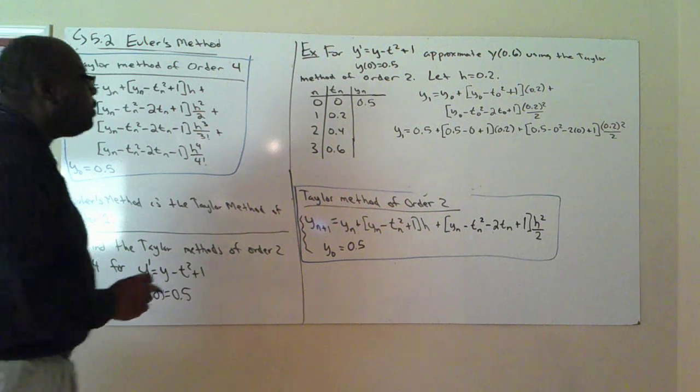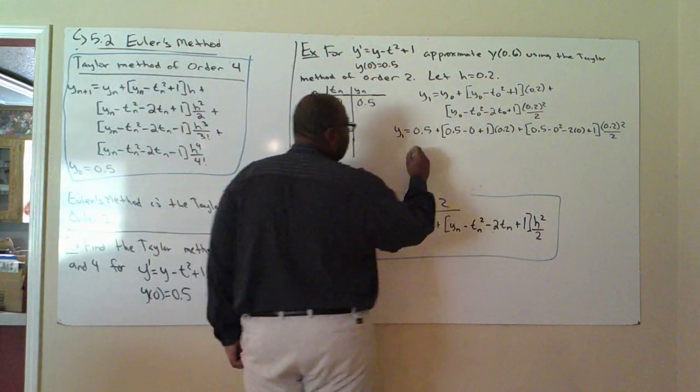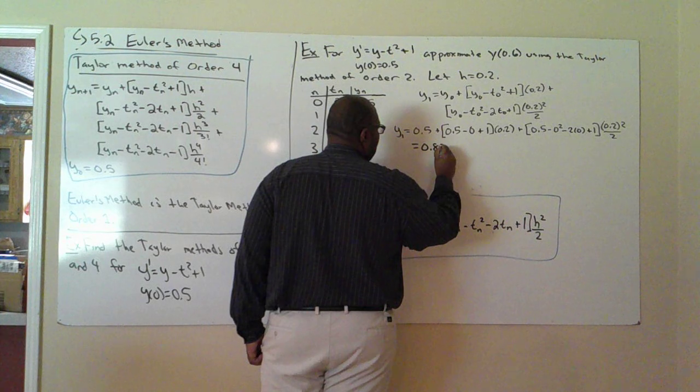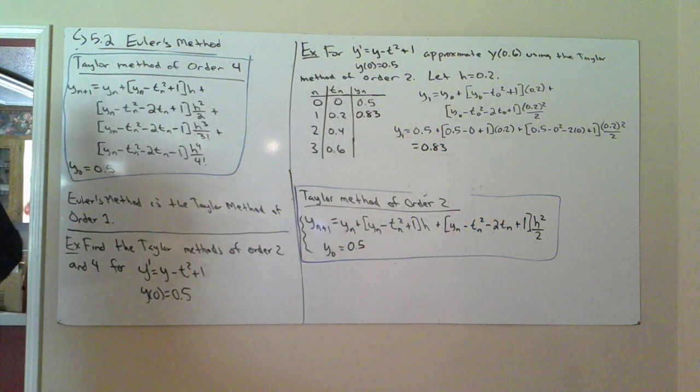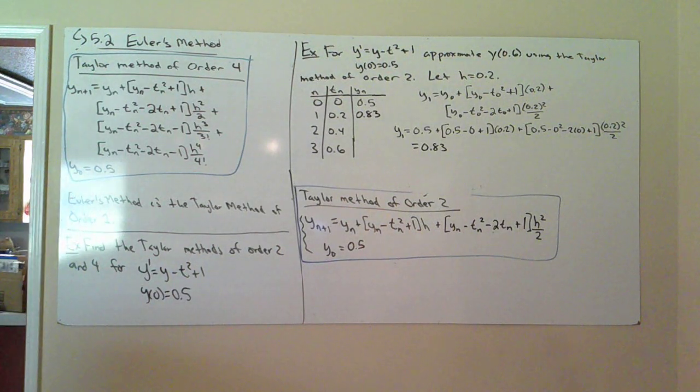If you work this out, I think you get about 0.83. Again, this is in the book, in the table, 0.83.